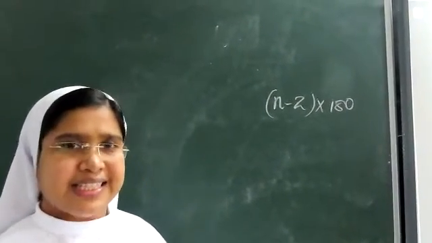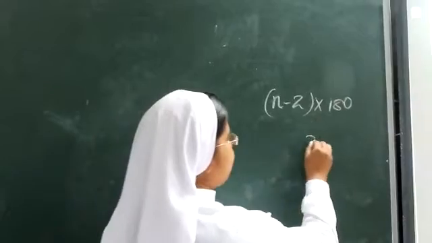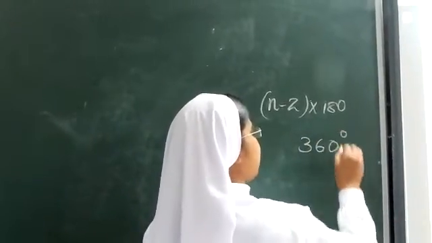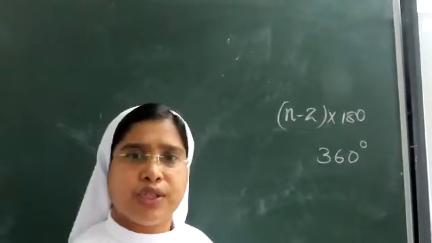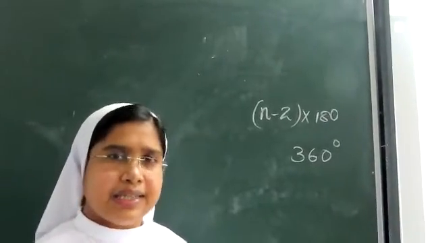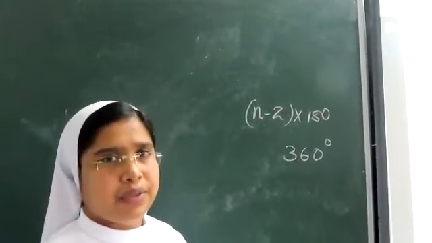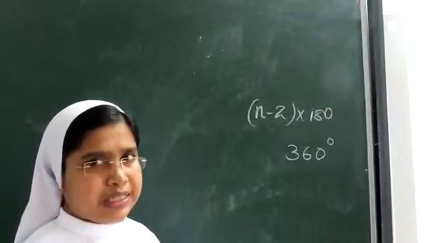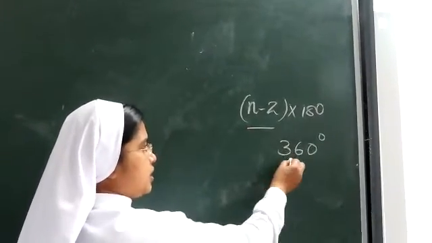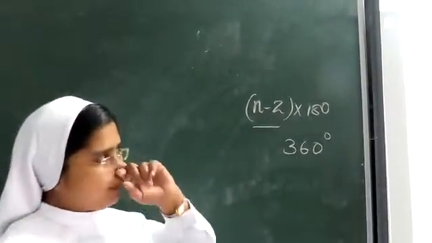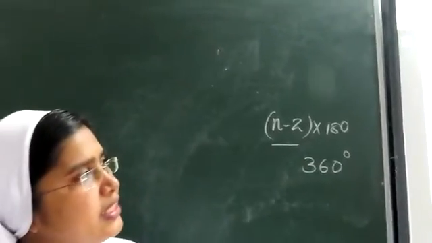We said that it is 360. In all cases, whatever the polygon may be, the sum of the outer angles of a polygon is 360. That is a fixed, unchanging sum. That is what we saw in the previous class. You have to keep all these in mind. Now let us discuss the questions.